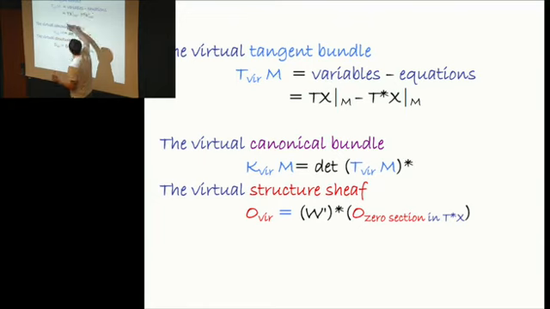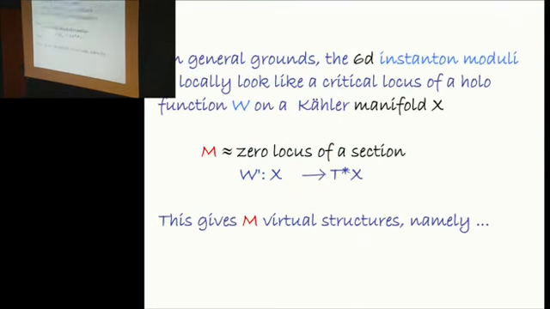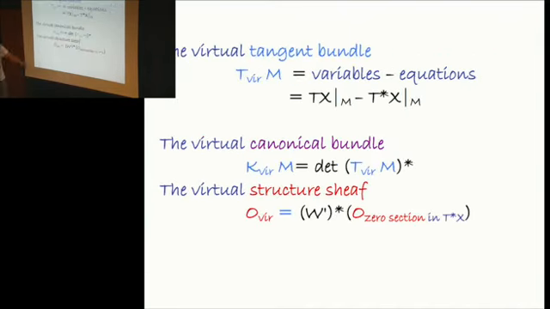If M sits inside some ambient X as a critical locus of a function, then the variables correspond to the tangent bundle of X restricted to M. The equations for my moduli space are W prime equals 0, a section of this bundle, so the equations take values in the cotangent bundle of X restricted to M. That's a perfectly well-defined difference of two vector bundles on M.